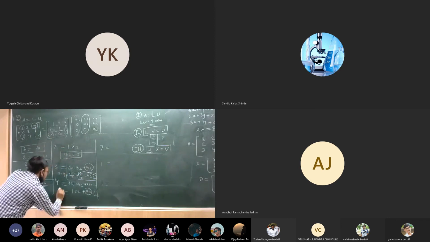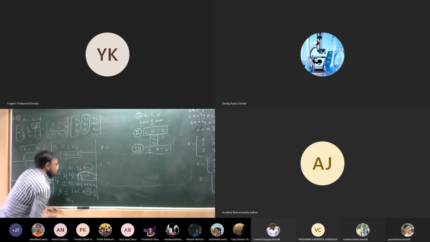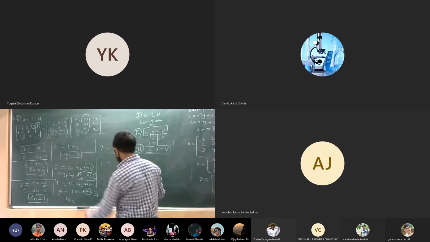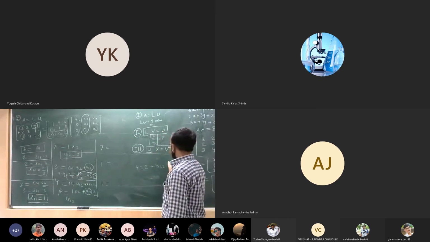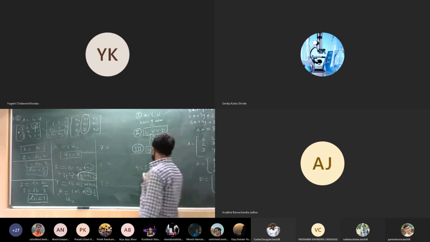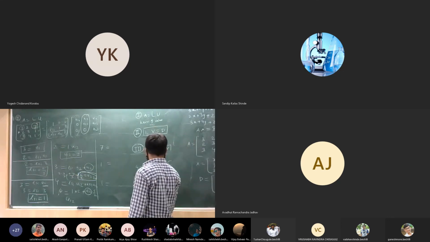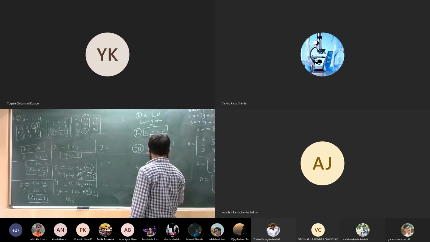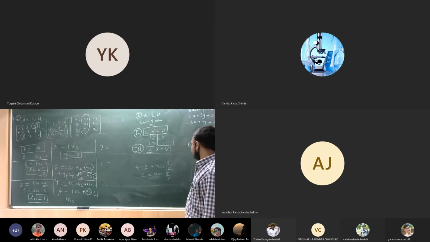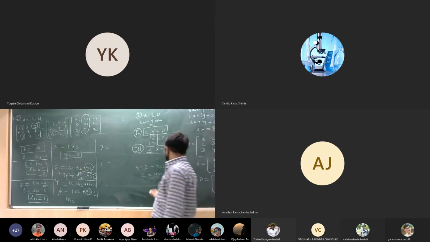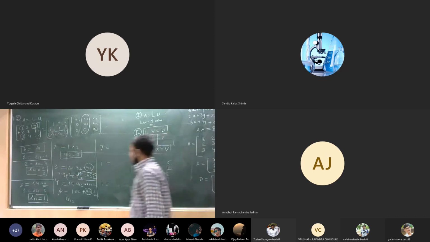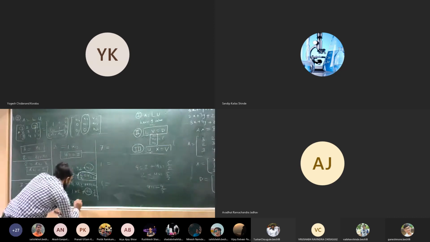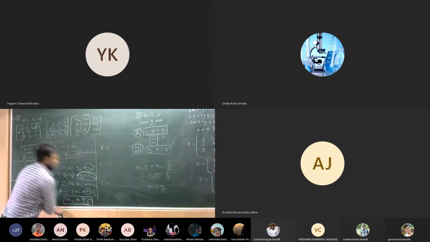So that calculation I will write here briefly: 4 into 2 plus U32 into 5 by 3. So 2 is equal to U32 into 5 by 3. Taking it to the left side, U32 would be 4 by 5. So now 6 values are known to us.